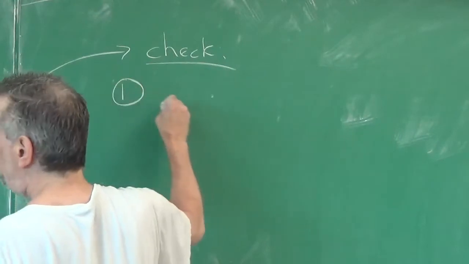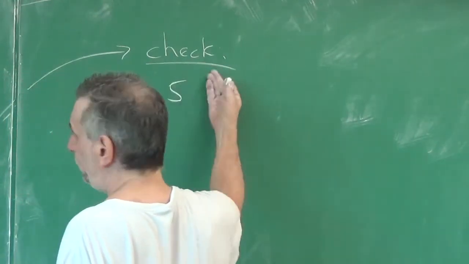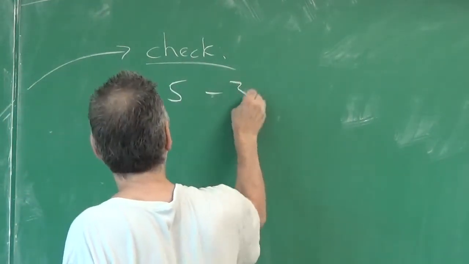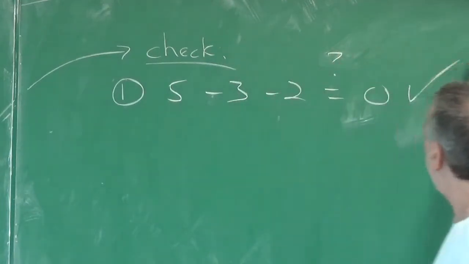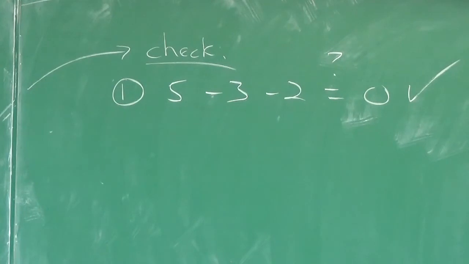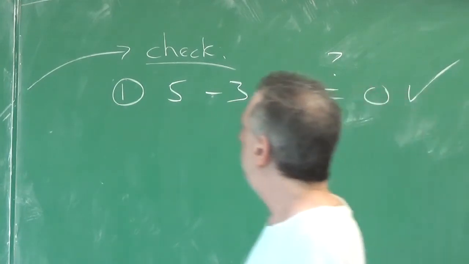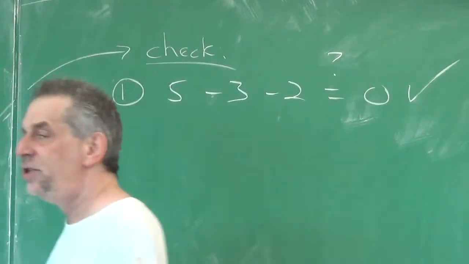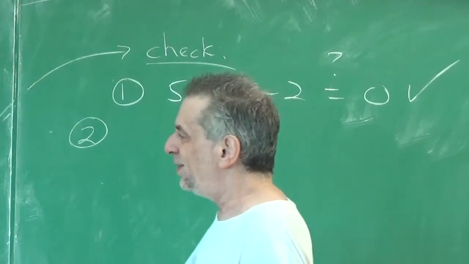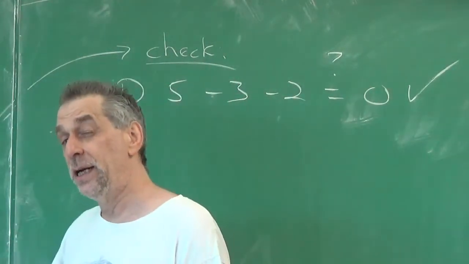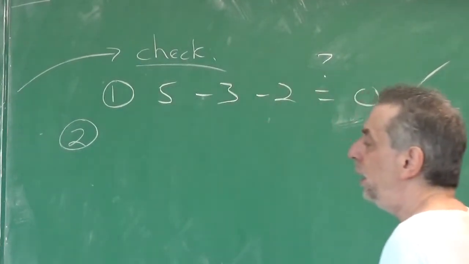So equation 1, we get 5 plus a negative 3 plus a negative 2. Does that equal 0? Yes. So the first equation does check. Second equation has to check all 3. As soon as you get one that doesn't work, you're done. If that one wasn't true, then we're done. We say, no, it's not a solution. And there's no way to graph these and check for points of intersection, so we've got to be careful about our algebra.